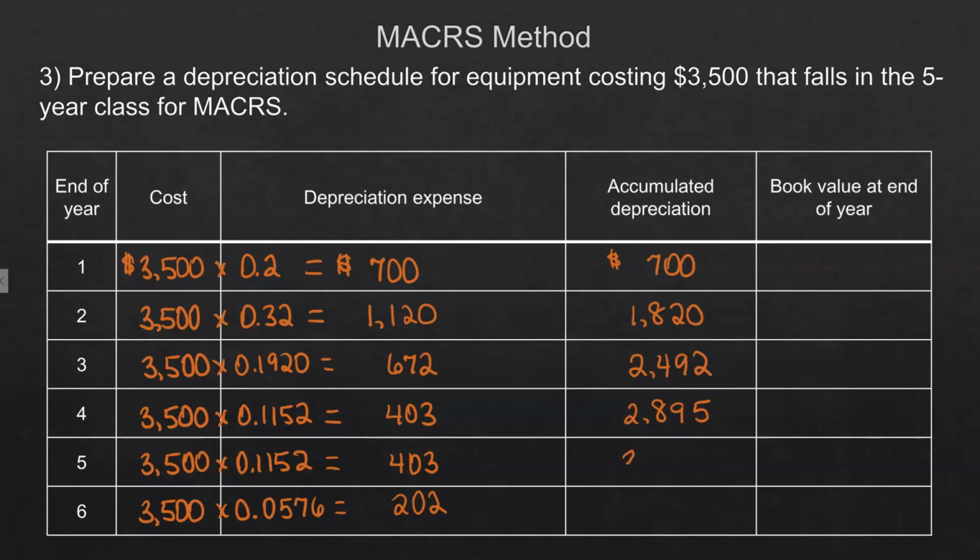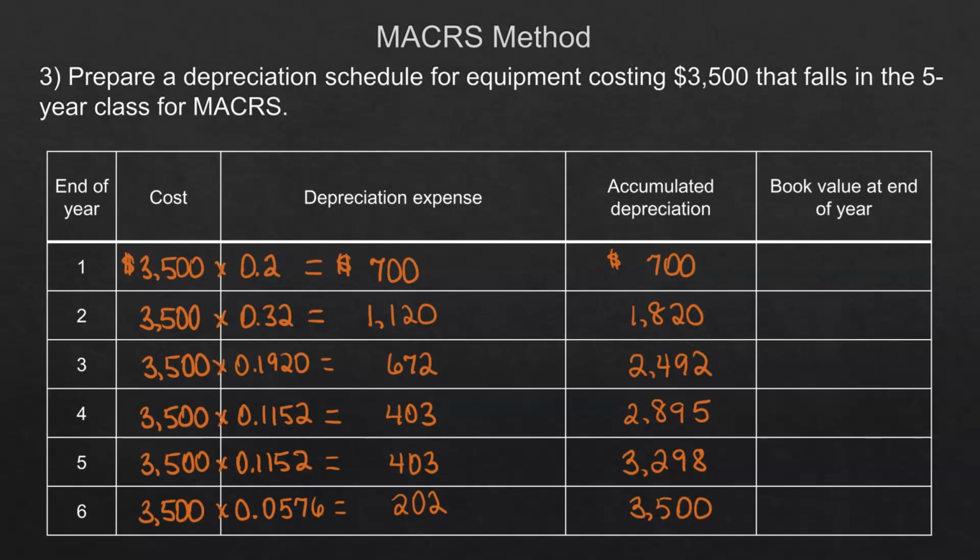And then we're on 3,298 when we add the other 403. And then we add 202. And so this is another check. Hey, look at this. It added up to 3,500. I must be on the right track here. And that's just another way to check this out.